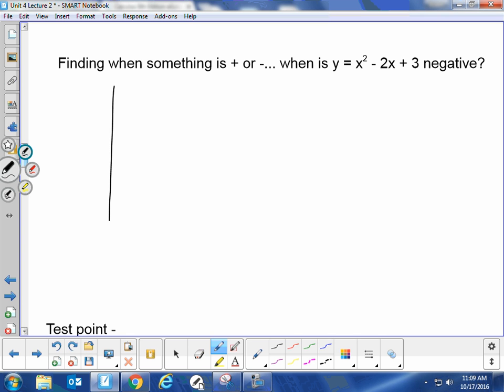It's very powerful. If I know the zeros of my function, and I know all of the zeros, in between your zeros or outside of your zeros, your function values will always have the same sign. In between these two zeros, all of these function values are negative. Over here, all my function values are positive. Over here, my function values are all positive.